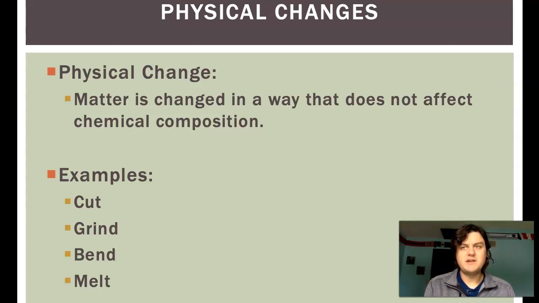So when something melts or boils or freezes, or condenses, this is a physical change because after the change of state, the substance still has the same identity as before. When we boil water and water goes from a liquid to steam, they are still H2O molecules. The chemical identity of the substance has not changed.